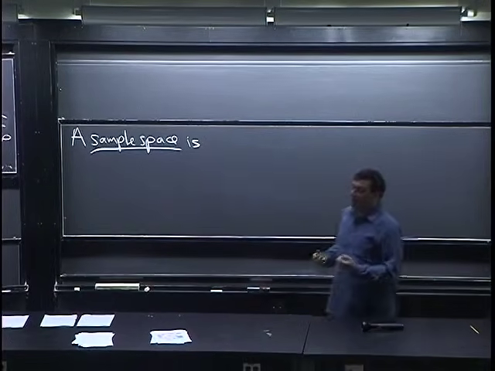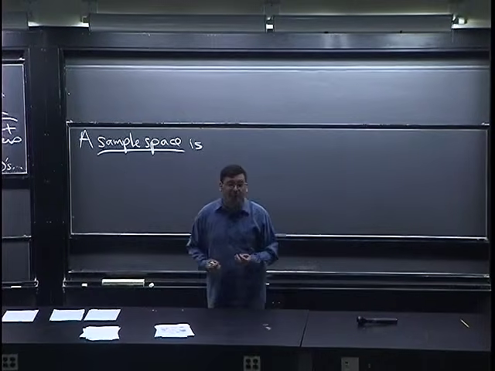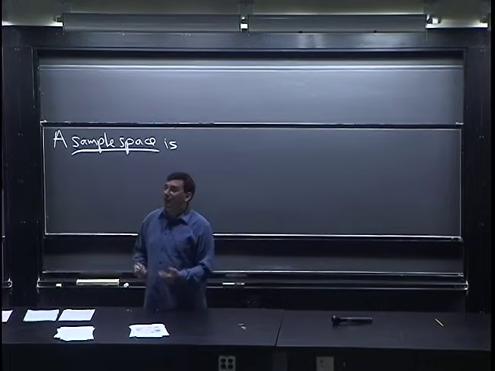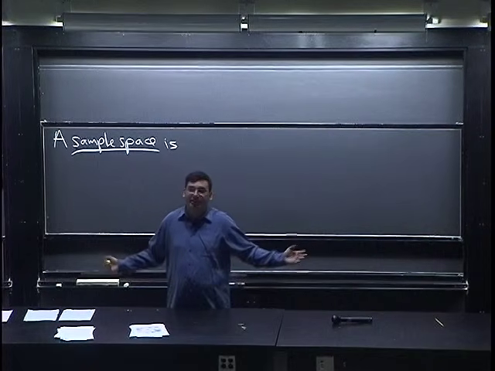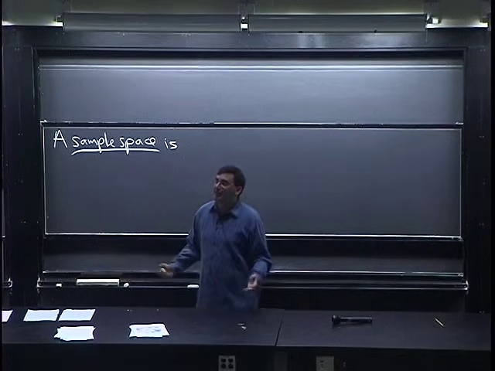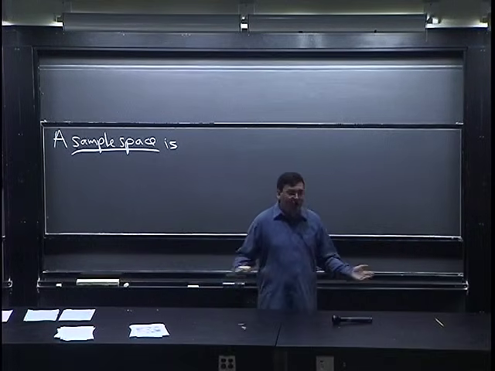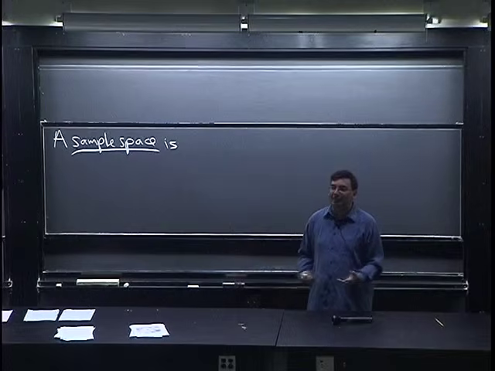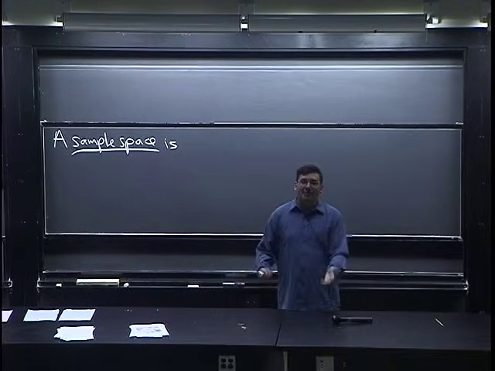We're going to talk about experiments a lot in this class, but you should interpret the word experiment in an extremely broad manner. An experiment can be just anything, as long as there are certain possible outcomes. So before the experiment, you don't know what's going to happen because there are different possible outcomes and you don't know which one's going to happen. You do the experiment and then something happens.